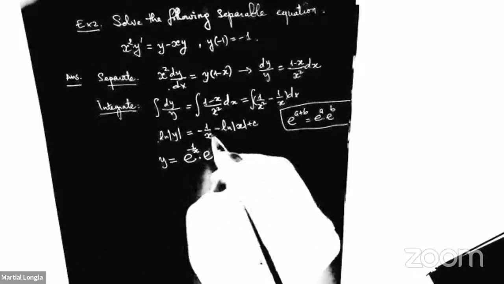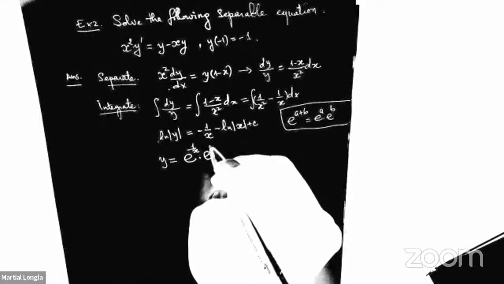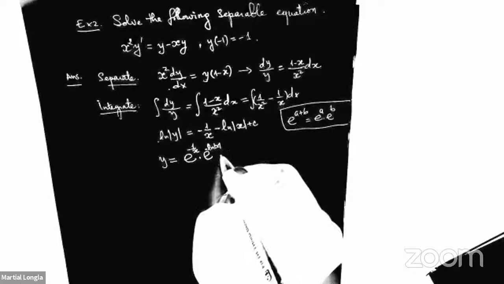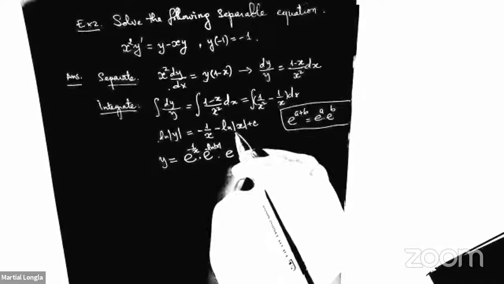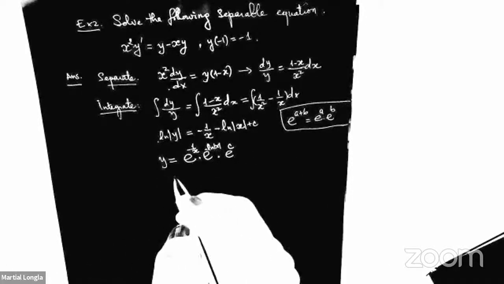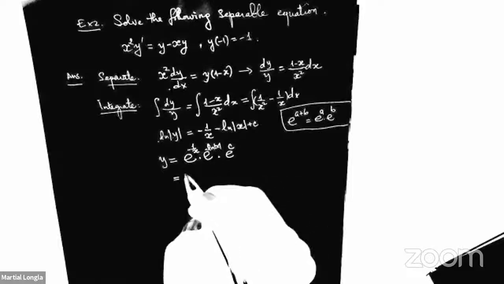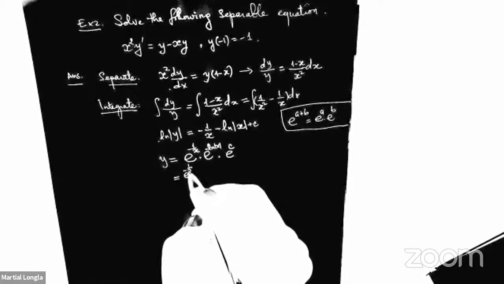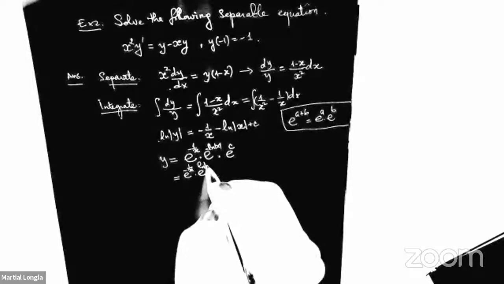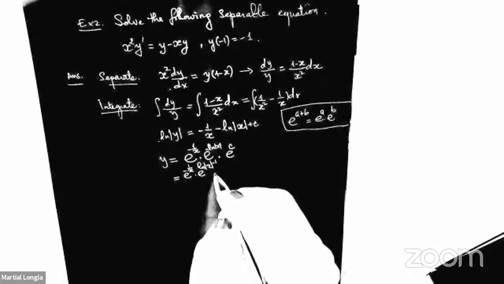So that's e to the -1 over x times e to the negative ln of x, absolute value, times e to the c. Now this is where the magic comes. E to the -1 over x, and this is e to the ln, absolute value of x, to the power -1.